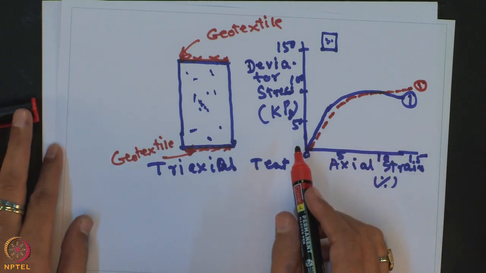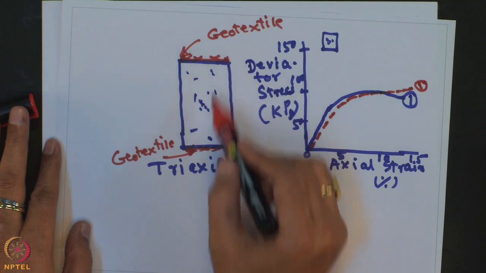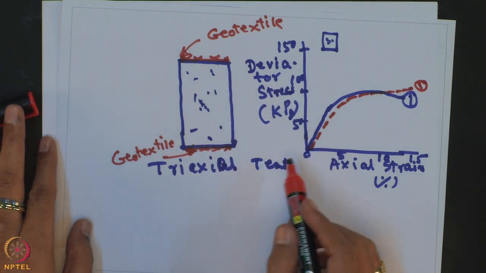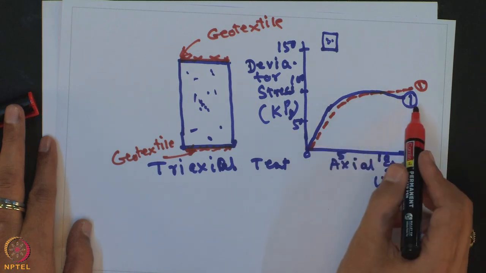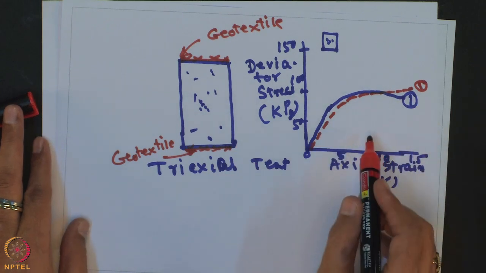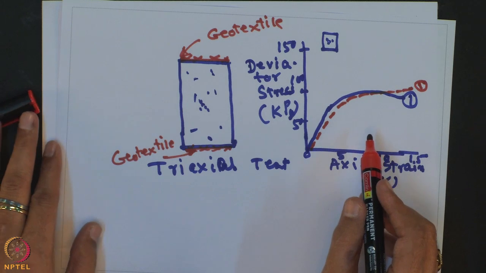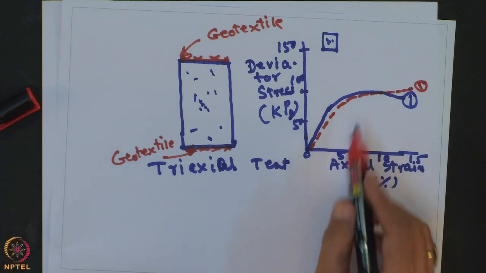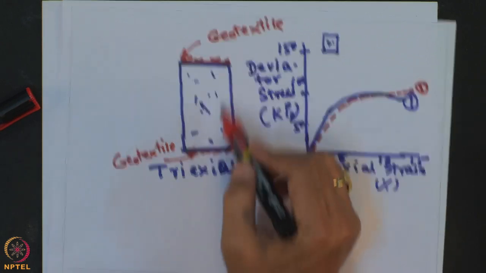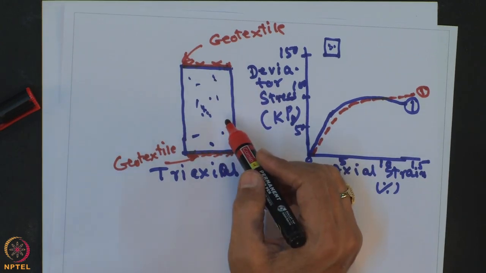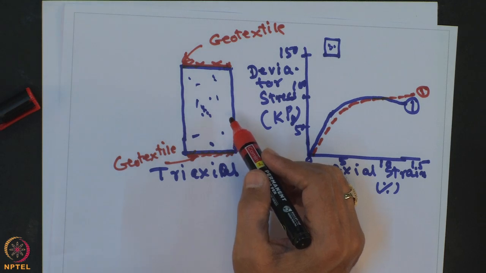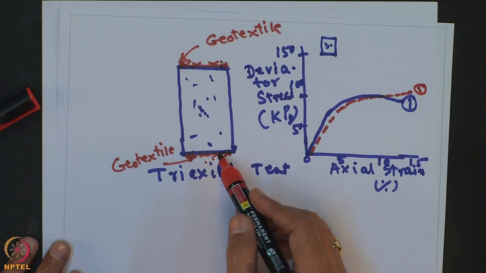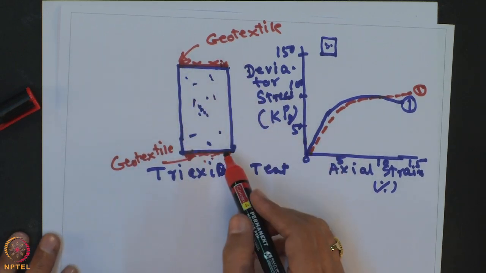So, placement of the geotextile at the top and bottom of the soil does not improve shear strength behavior, since this location of the geotextile material is a non-acting, dead zone in a conventional Triaxial test.